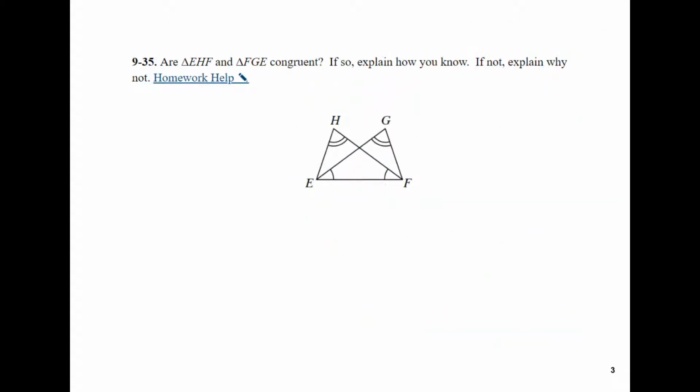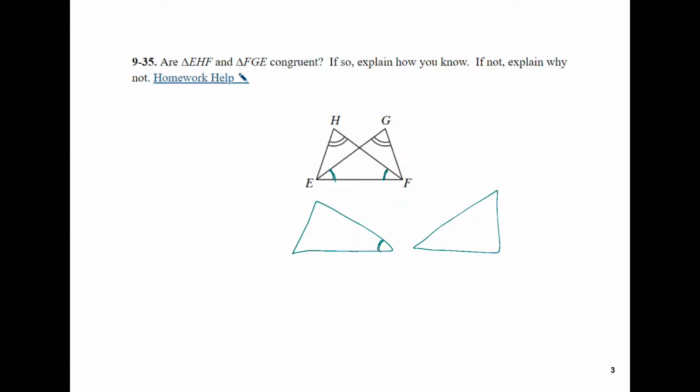Are triangle EHF and FGE congruent? If so, explain how you know. So when we look at our triangles, they told us that these two angles at the bottom are congruent, so it may be easier if you separate these two triangles and look at them like this.